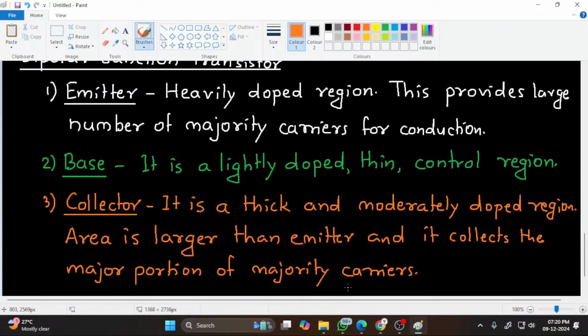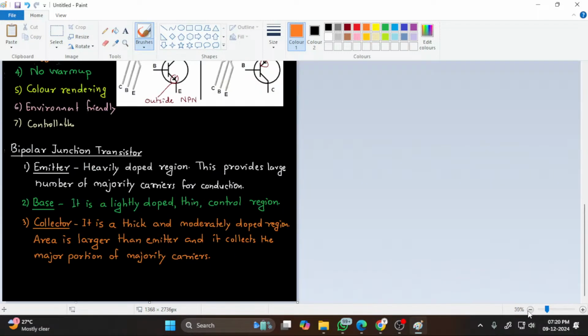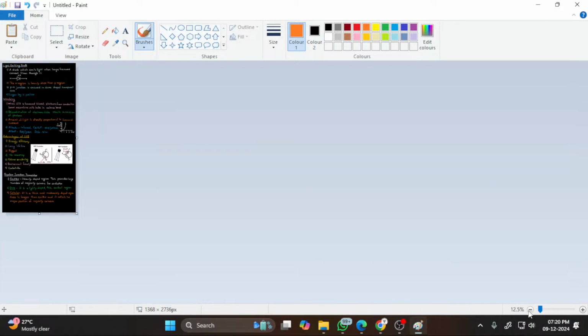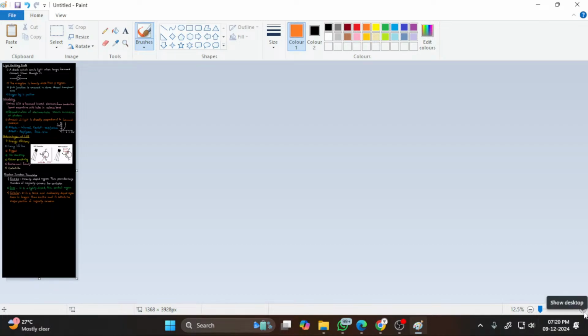Depletion region. The depletion regions are formed at the emitter base junction and the collector base junction. Emitter current is shown by letter IE, base current IB, and collector current IC. Apart from collector, base, and emitter, there are depletion regions formed between emitter base and collector base.